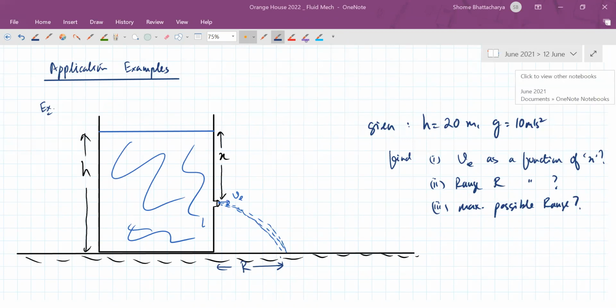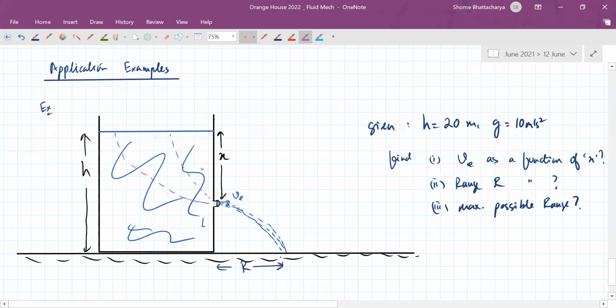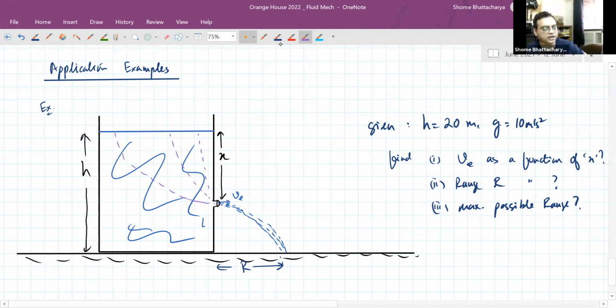So just by applying Bernoulli's equation, you can see here that we won't take h in the formula of Bernoulli's equation, because h is the level of water above the orifice. So we should take the value of h in Bernoulli's equation as x, between these 2 points. Take this as point 1 and this as point 2.